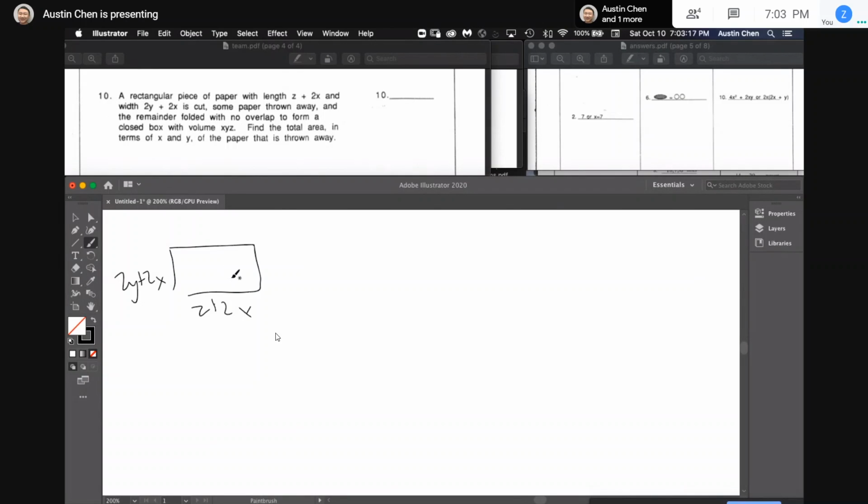And then the remainder, the remainder folded with no overlap to form a closed box. So we're cutting a weird shape, and we're going to fold the shape, and the shape is going to form a closed box. And its volume is xyz. And we're going to have some remaining part.